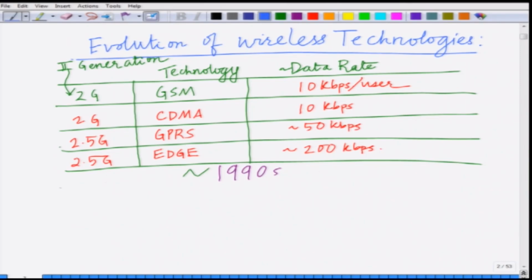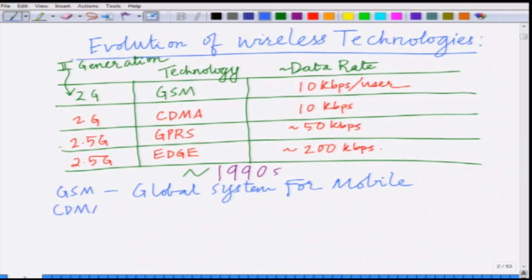And to explain these acronyms, we are going to look at several acronyms as we progress through this course. So GSM, which is the most popular wireless communication standard, stands for the Global System for Mobile communications. CDMA stands for Code Division Multiple Access.